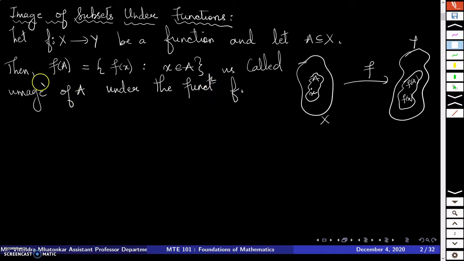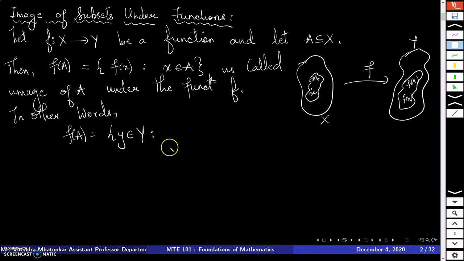Alternatively, you can also define this image of A as, in other words, you can define f of A to be the set of all the points in the codomain which have a pre-image inside the set A. So the set of all points y in Y such that there exists x in X which satisfies the condition that f of x is equal to y.